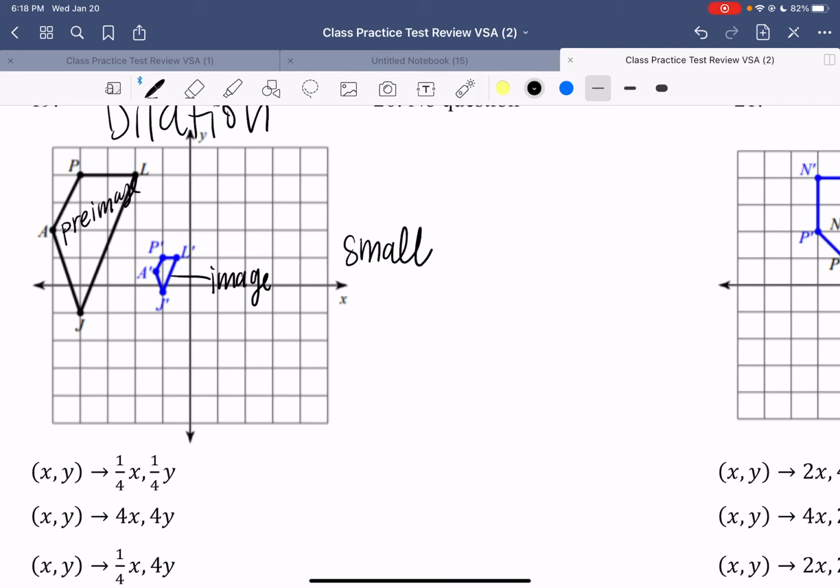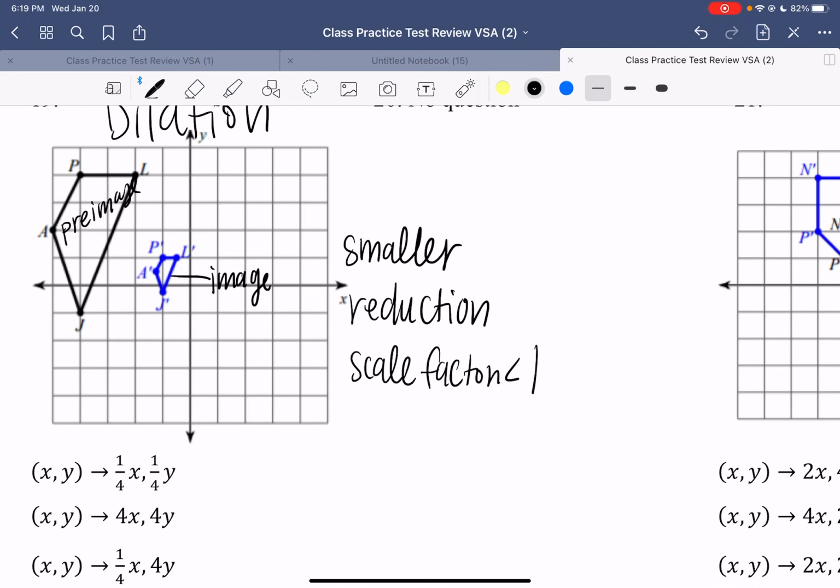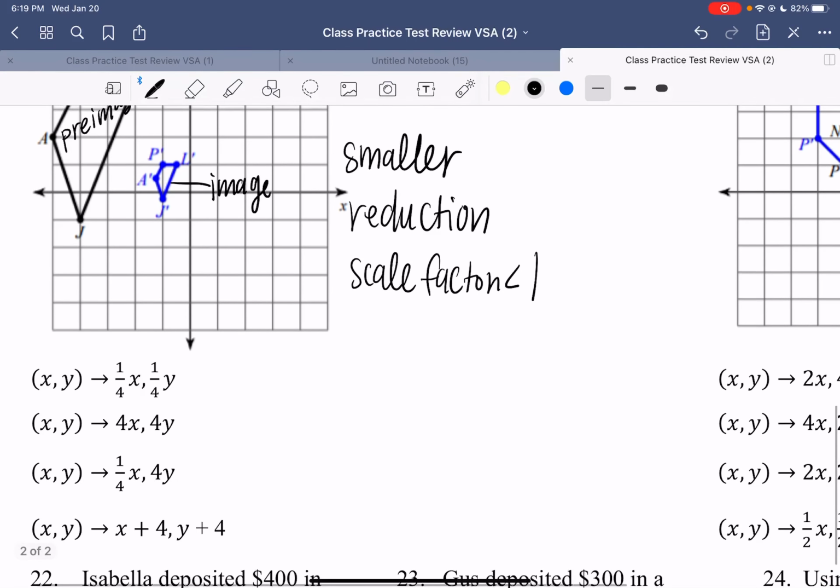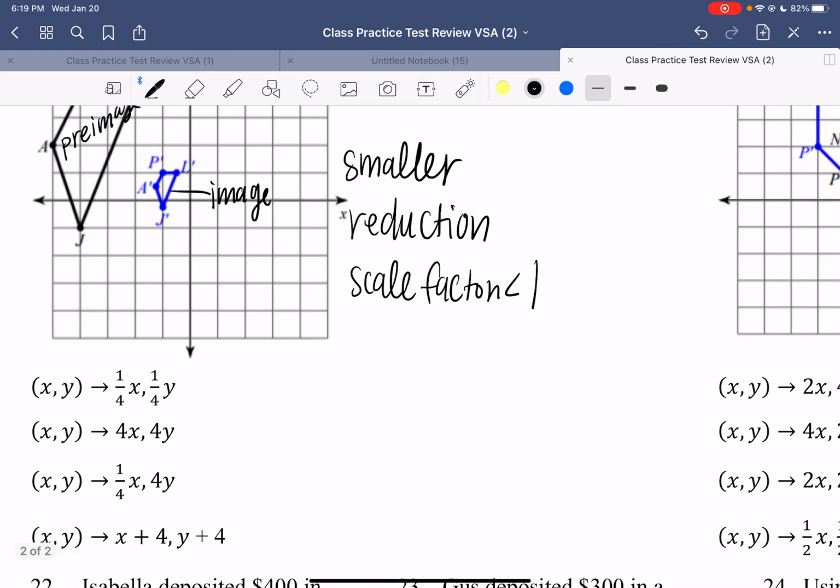So it is a reduction. So reductions have a scale factor of less than 1. So we need to look at our answer choices here. So this has a scale factor of less than 1.